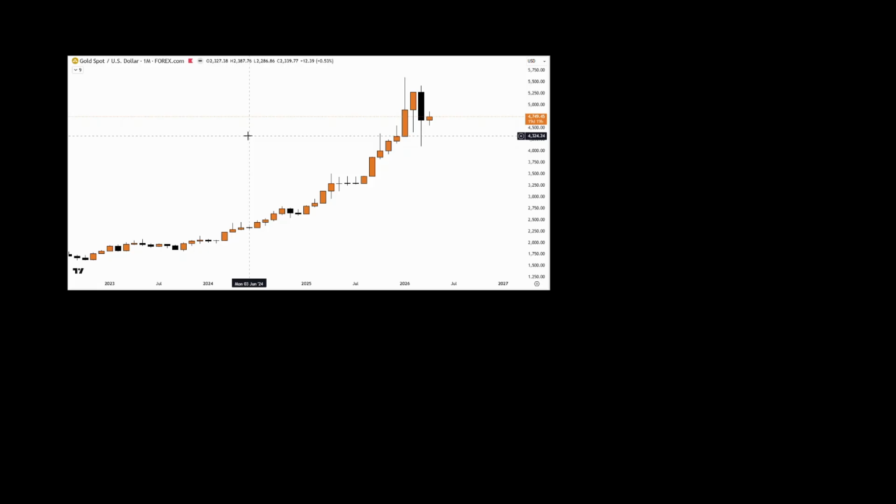All of these are also great at predicting where fair value or equilibrium is. The problem with this set of indicators is that you have to have a good understanding of what the dealing range is, which is, of course, a little bit of a challenge.